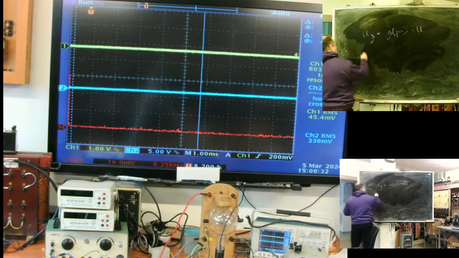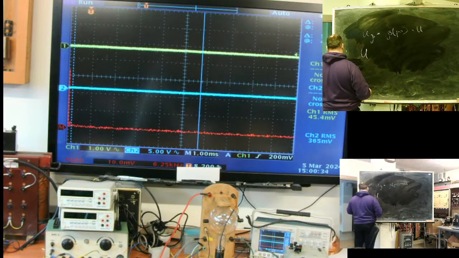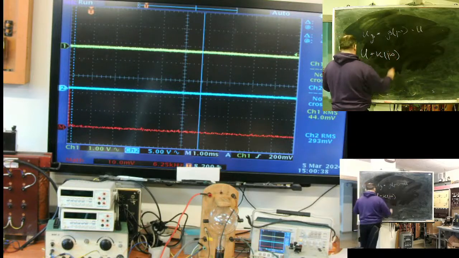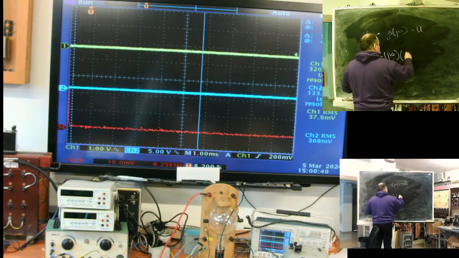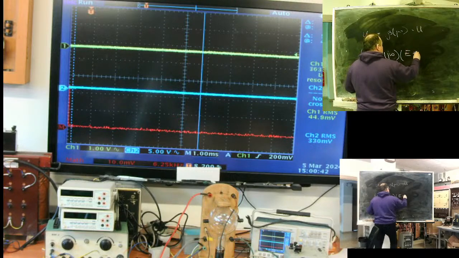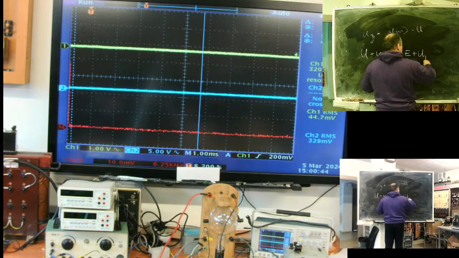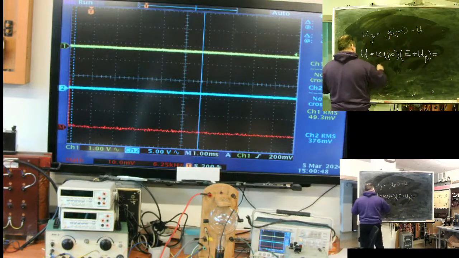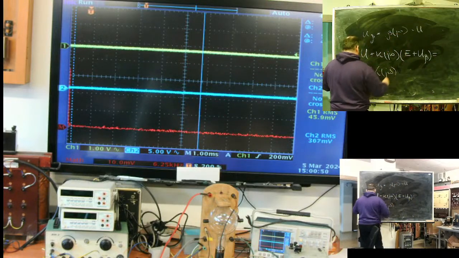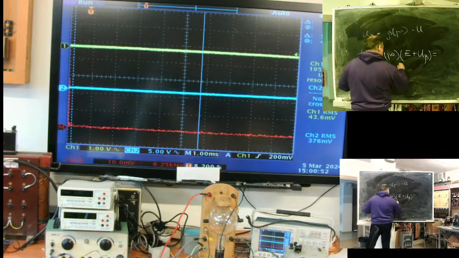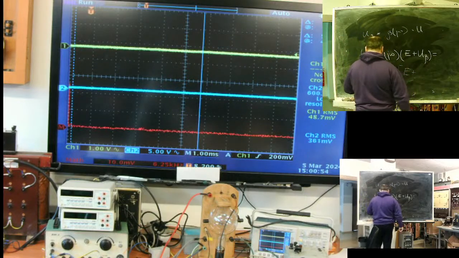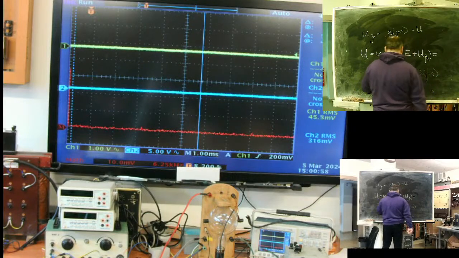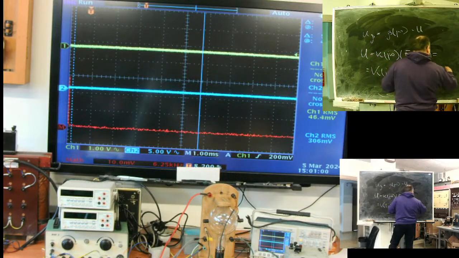I can write this voltage as the direct transfer function multiplied by A plus the transfer function output.